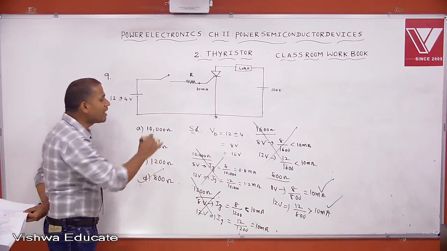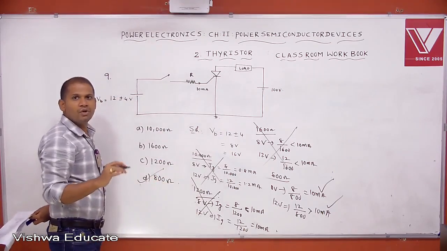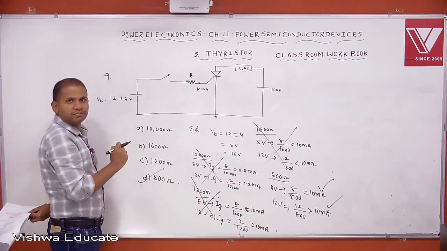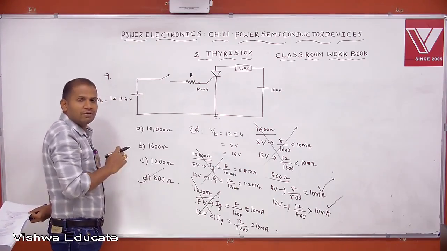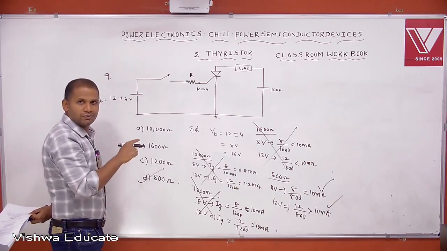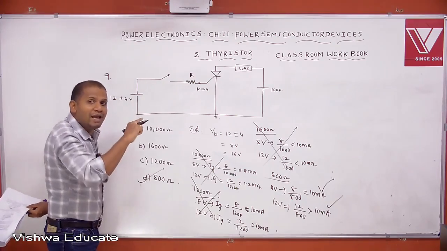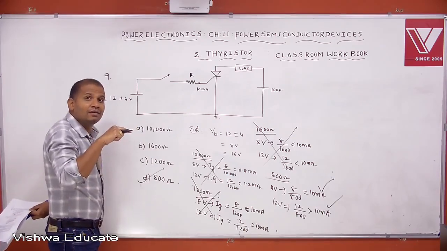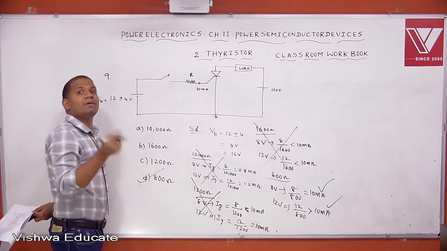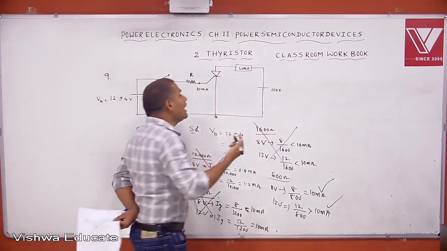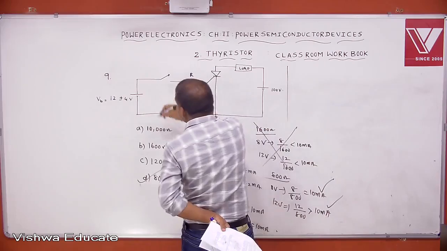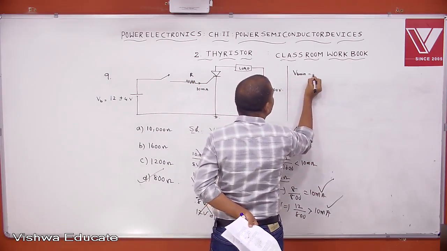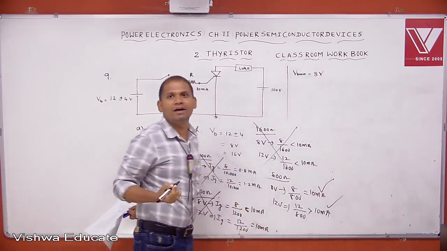Instead of checking all these options, select the minimum variation of VB, and the resistance corresponding to that VB which gives 10 milliampere or more is the resistance required for reliable turn on. Understood? Now, what is the minimum voltage? VB minimum is 8 volts.